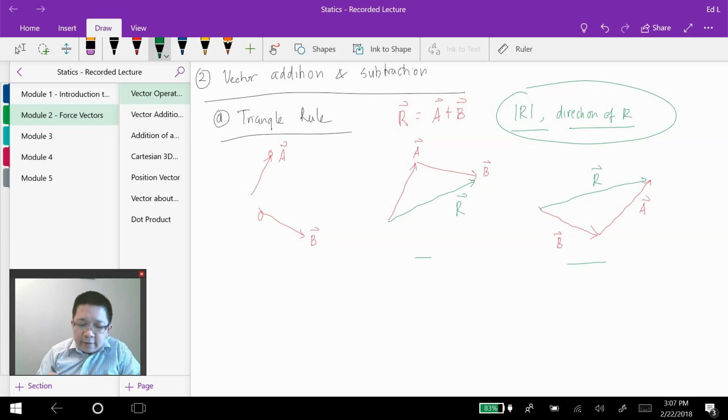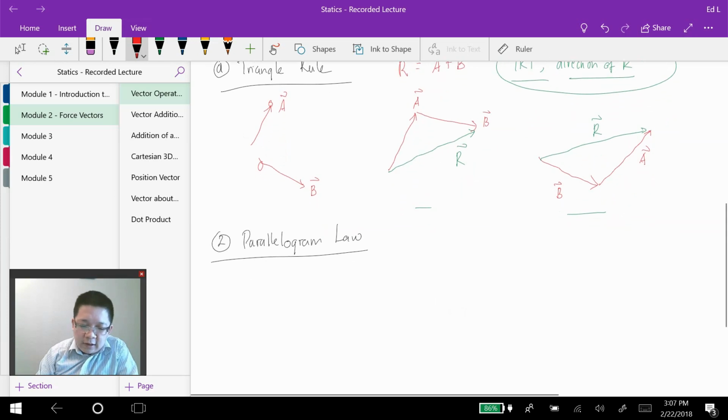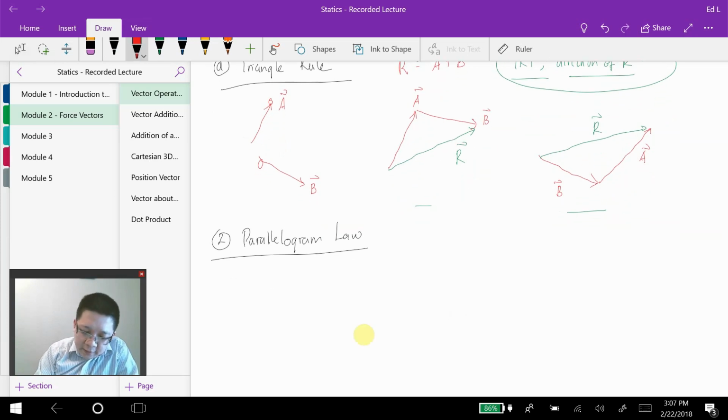The second construction method that I would like to introduce here is the parallelogram law. Let's consider the same factors A and B. In the parallelogram law you have to combine the tails of the two factors together.